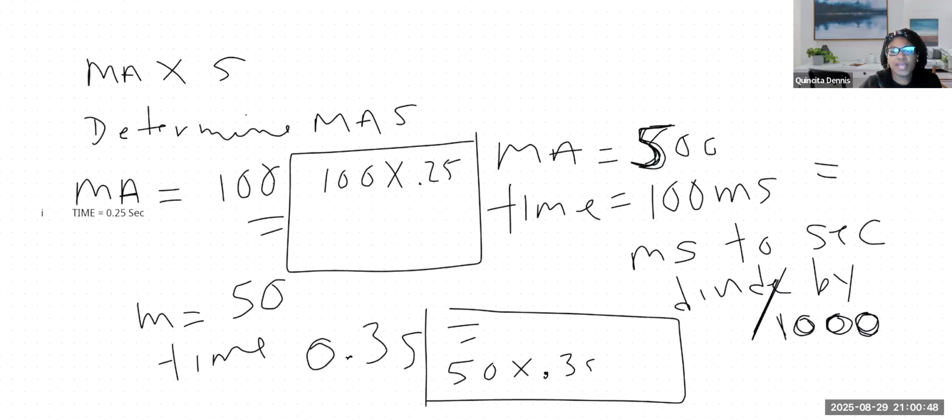All right, do we have our three answers yet? So the first answer is 100 times 0.25. It should be 25.